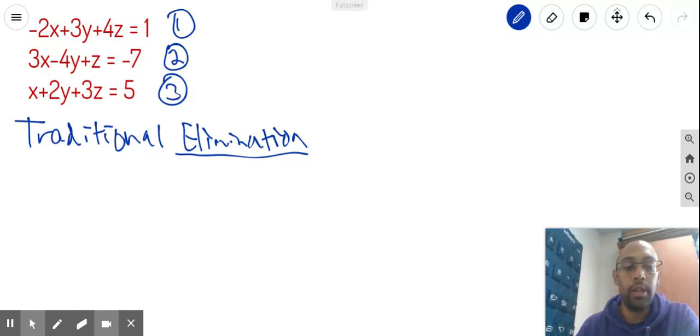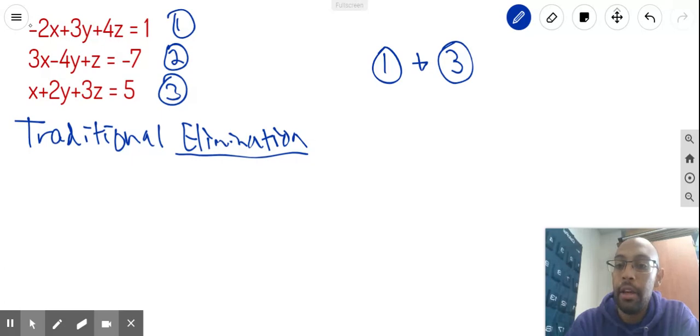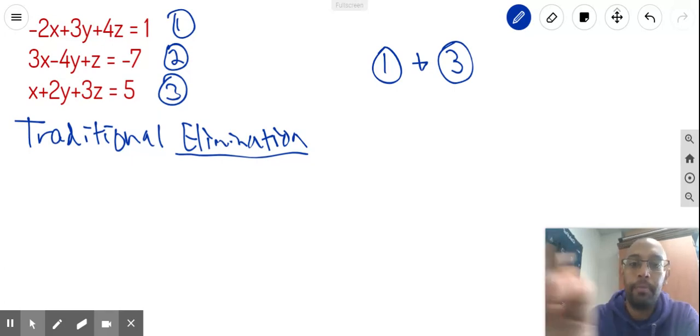Now, in order to do this, I need to pick two equations. For my first go around, I'm going to pick equation 1 and equation 3, because here I have negative 2x and here I have x. So all I have to do to eliminate x is to multiply this bottom equation by 2.